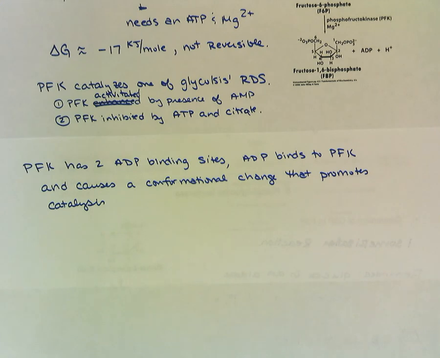The enzyme PFK has 2 ADP binding sites. The ADP binds to PFK and causes a conformational change in its active site that promotes catalysis.